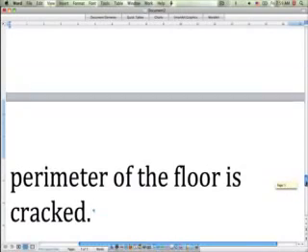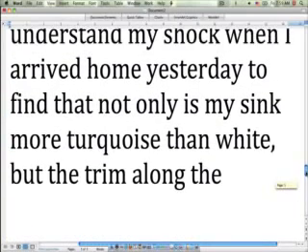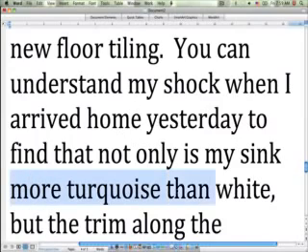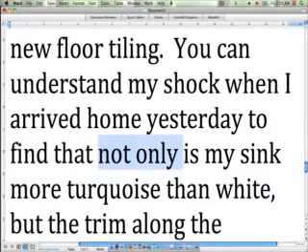Okay, so I'm just demonstrating a bit of vocabulary here to impress my examiner a bit. You can understand my shock when I arrived home yesterday to find that not only is my sink more turquoise than white, so here we're saying that the sink is not white, it is turquoise. So not only this, that's not the only problem, there's another problem.